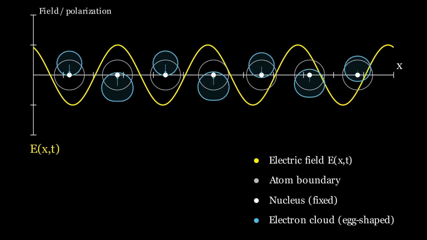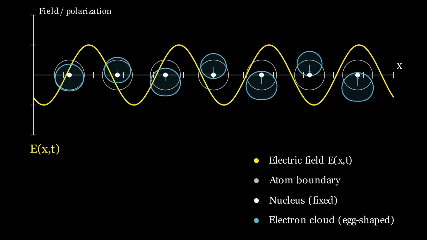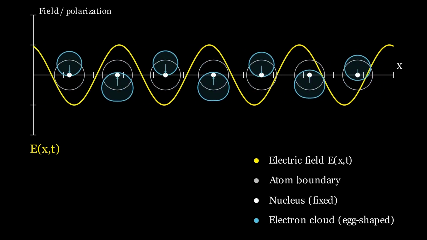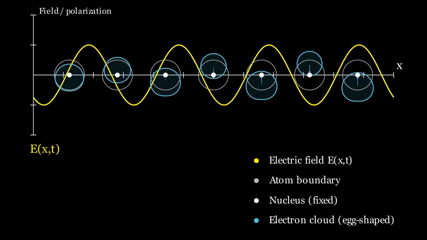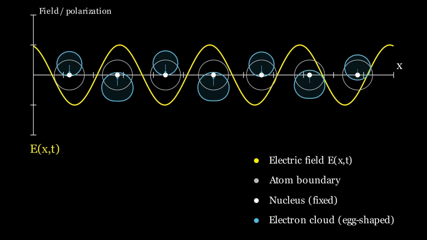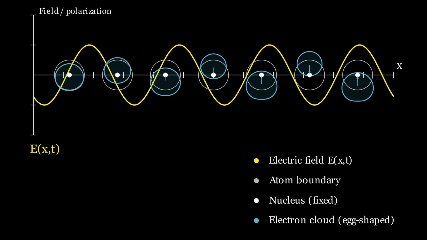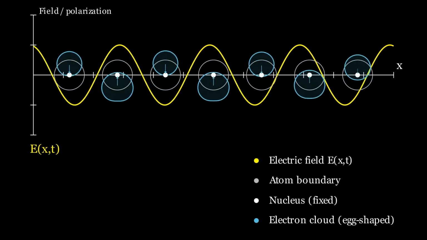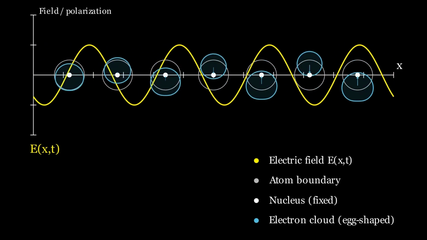This is called electronic polarization. It creates what is known as an induced dipole, a temporary separation of positive and negative charge inside the atom. Notice how the electrons move perfectly in step with the wave's frequency, but they're not moving far, just enough to create this temporary dipole effect.